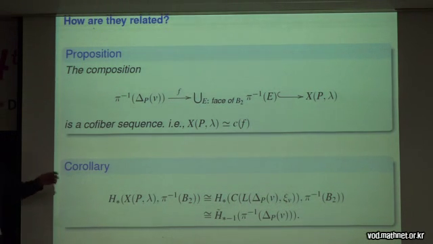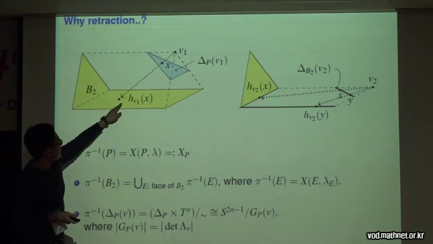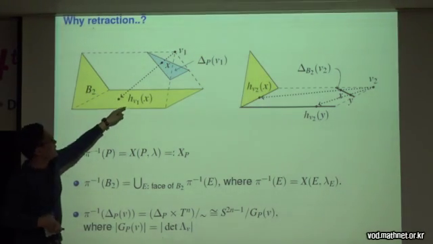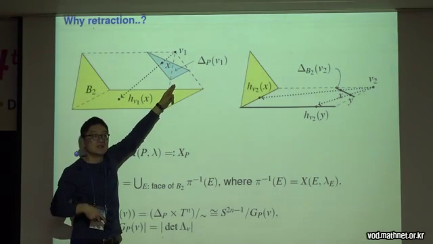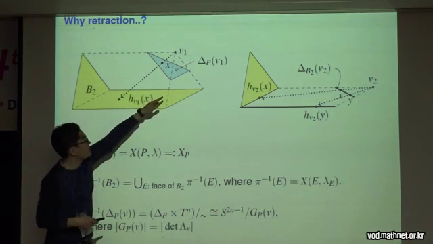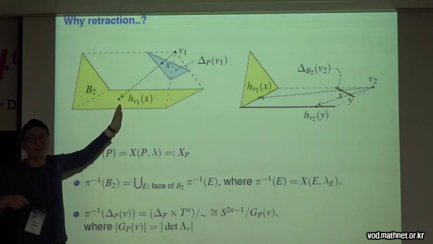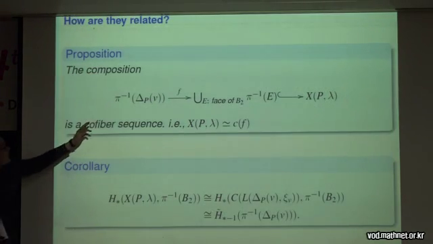Okay, so let me be more precise. This space is this yellow part times a torus, modulo some relation. And this is a simplex times a torus, modulo the relation. So this straight line map gives you the map from the simplex to this yellow part, and then taking the product and the quotient by the Davis and Januszkiewicz relation gives you the map from here to here.